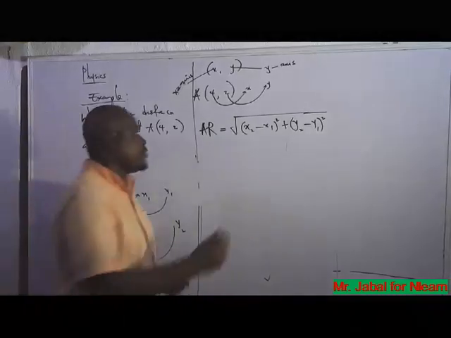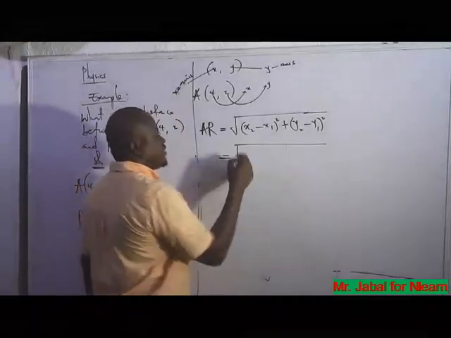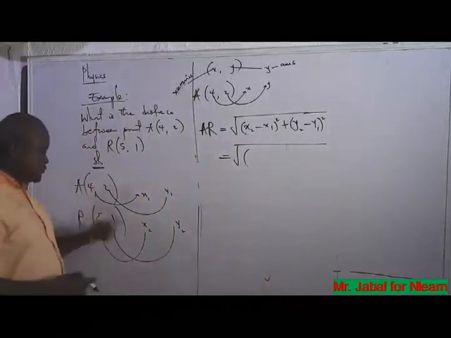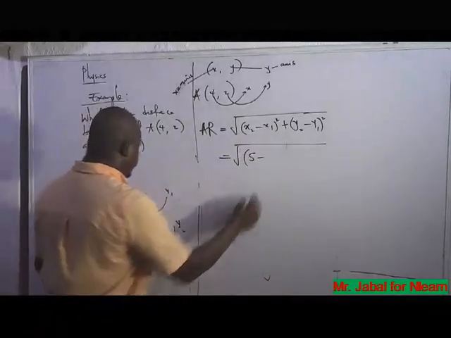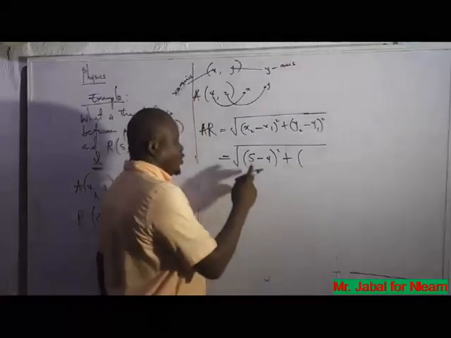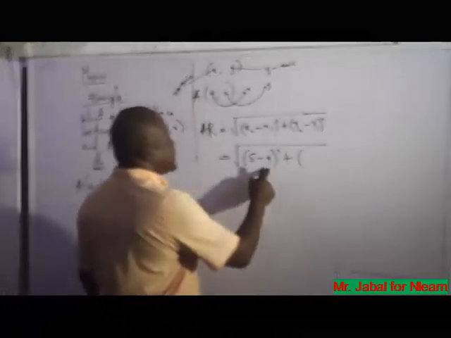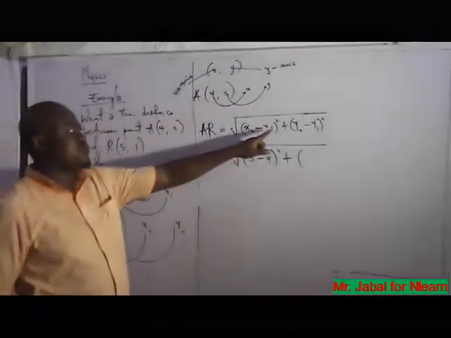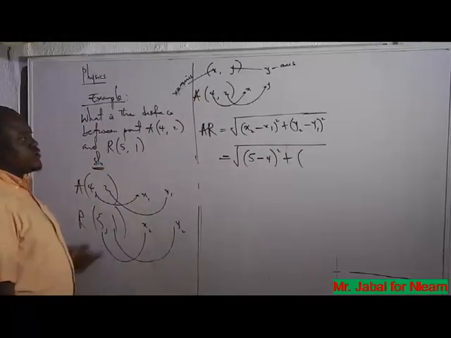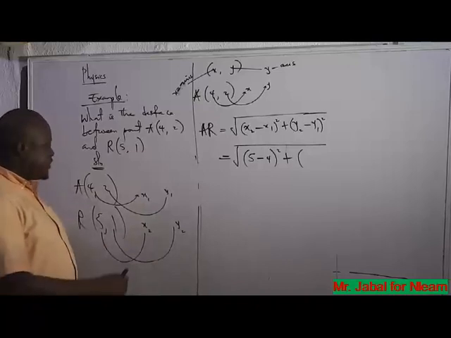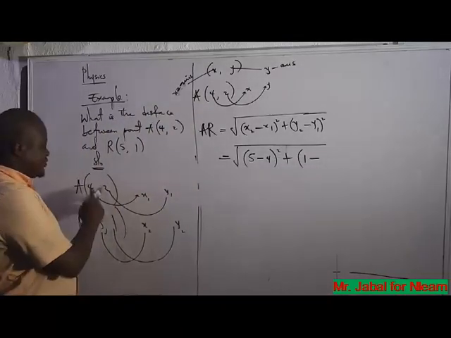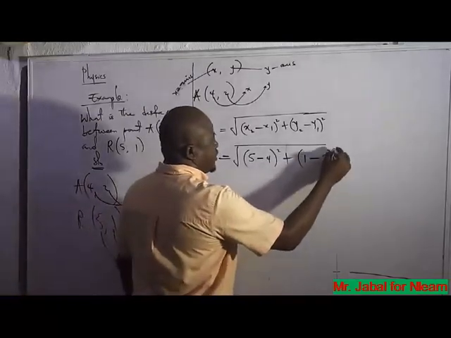So let's go. From here, you have the square root. What is here? That will give us 5, and the next one is 4. From here, we have 5 minus 4, x2 minus x1. Now when you get to y2, you have 1 minus 2, all raised to power 2.